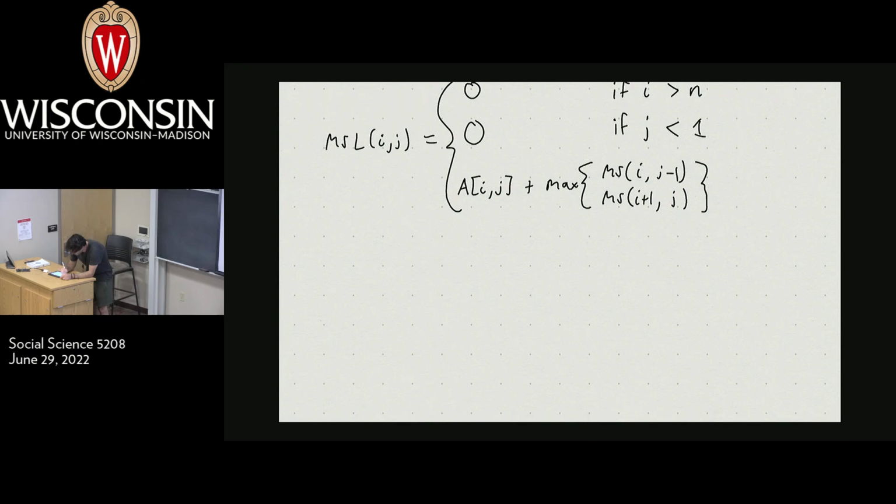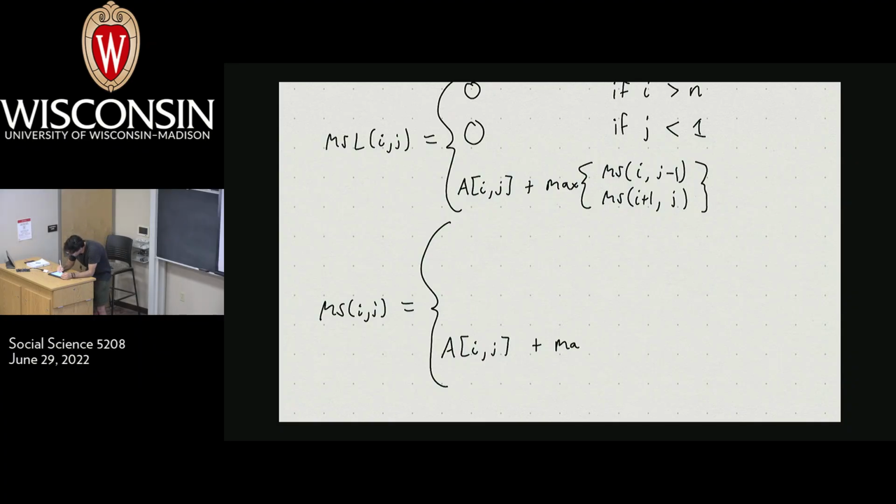Now what about MS? This one's a little chunkier. So we get aij, like normal. Now we can either move left, right, or down.